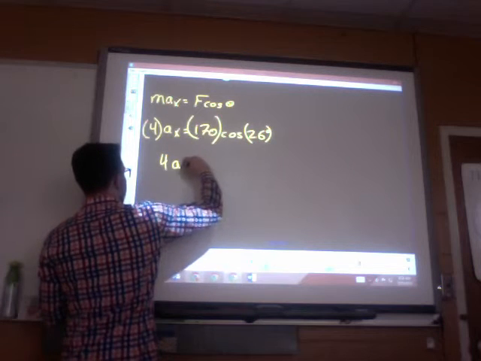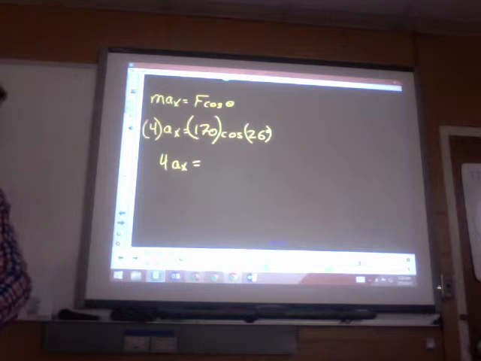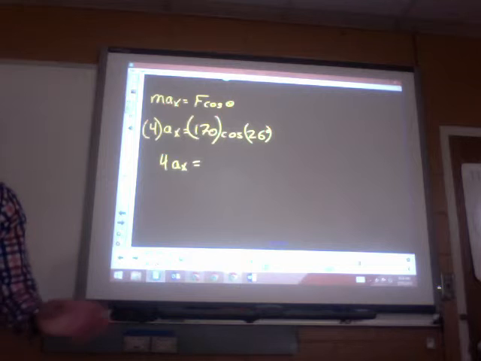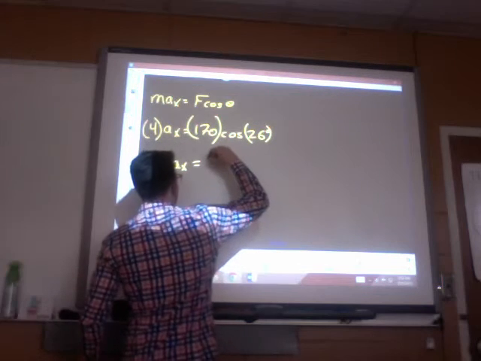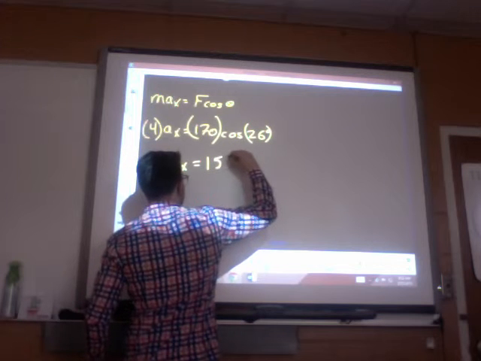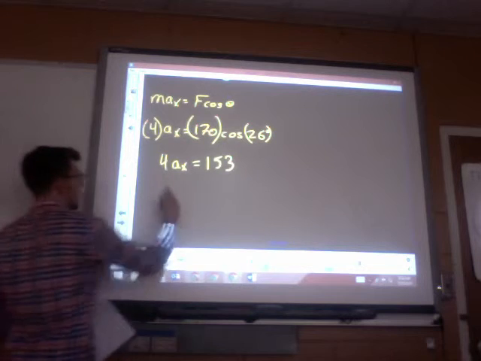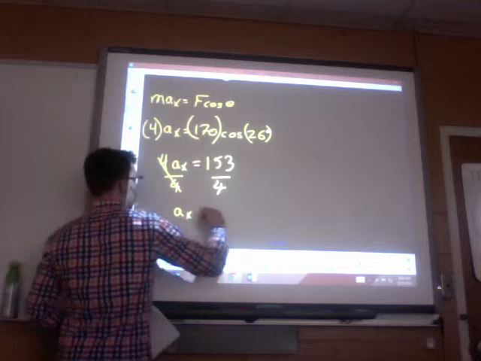So 4ax on the left, we type 170 cosine 26 in our calc. 152.79. Cool. I'm just gonna go 153. 152.79 is fine. As long as you use 3 or more sig figs, you're gonna be okay.